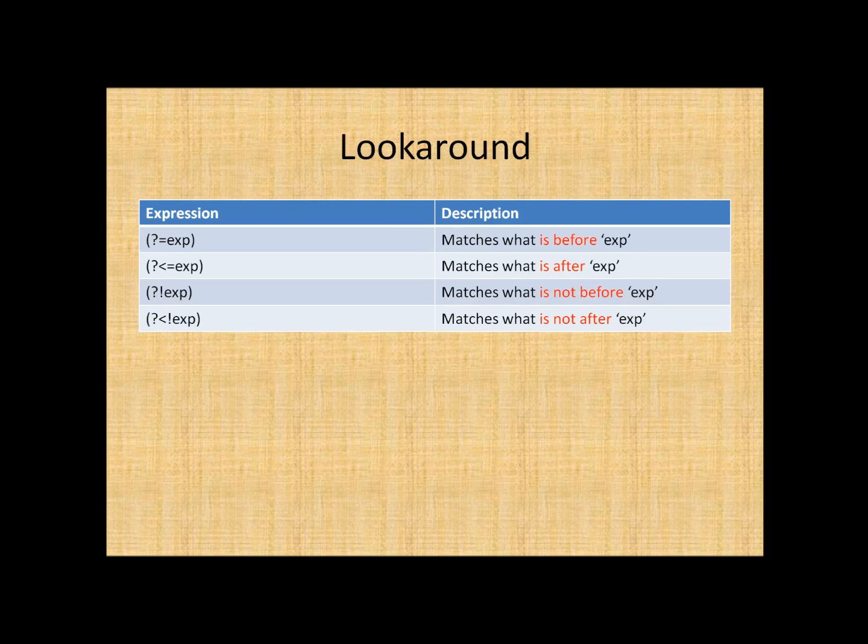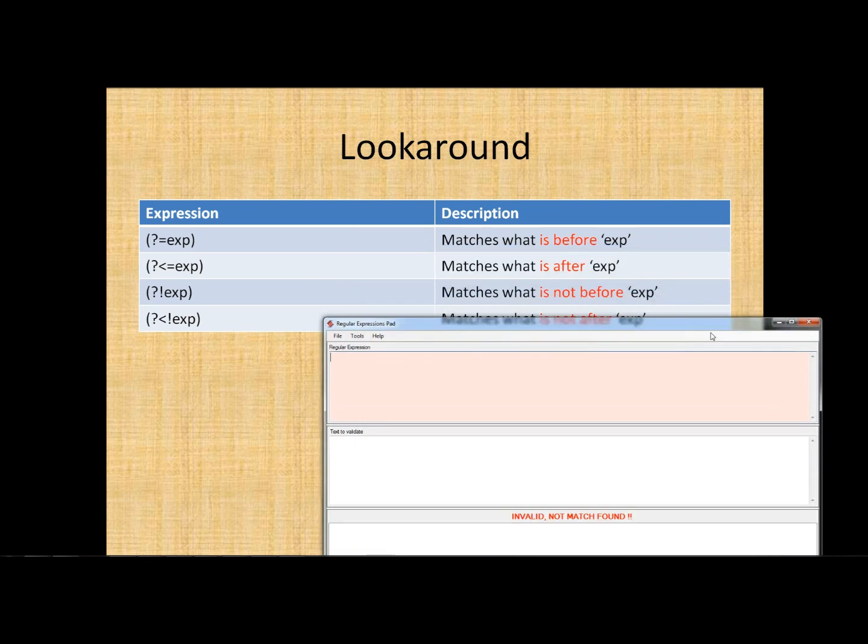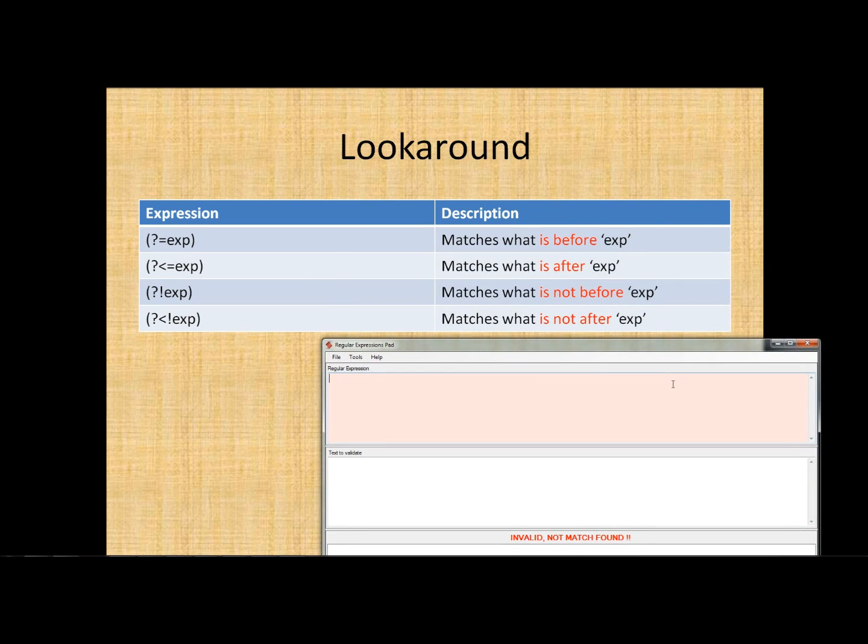Basically what it's matching is whatever is in front of it or whatever is before. If you have the question mark less than, equal, and then an expression, which is the second line, is whatever is after or whatever is followed by an expression, or whatever has the expression to the left. And the same thing for the not before and the not after. Let's see that in an example so it's easier for you to understand.